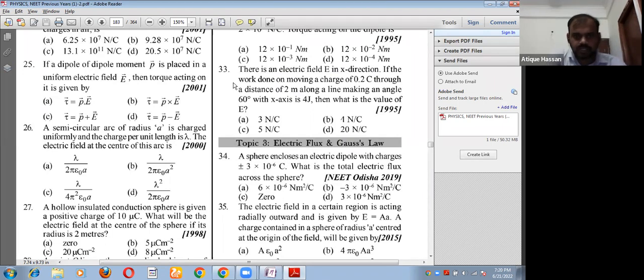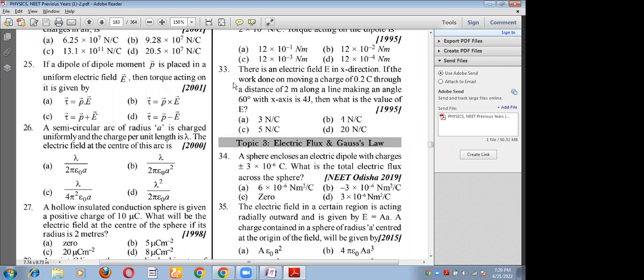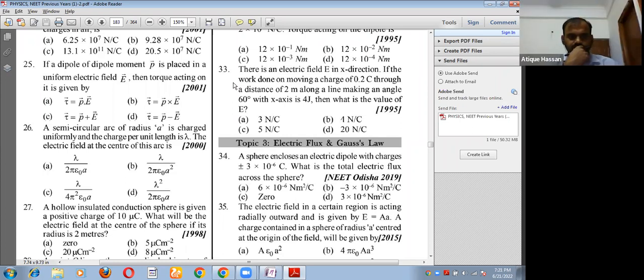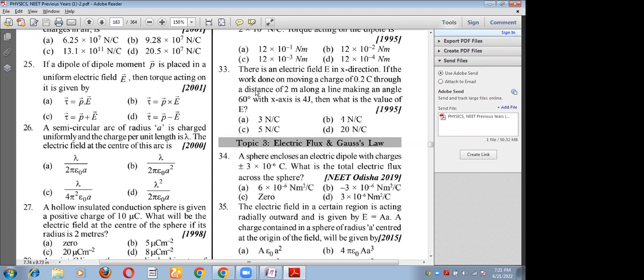Can you see question number 33? Yes, sir. You note it, or can you take a screenshot or something, so that I will see? Have you taken the screenshot of this question 33? Yes, sir. You try it till now. I am searching through.